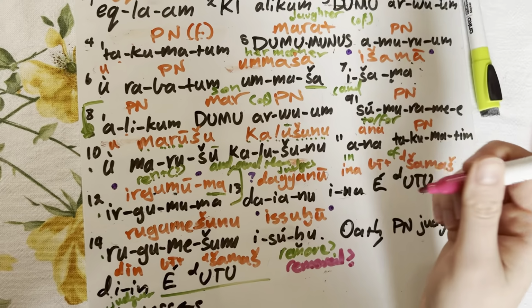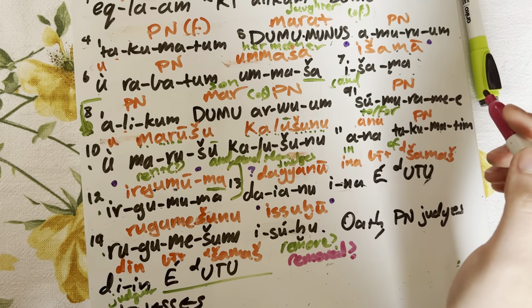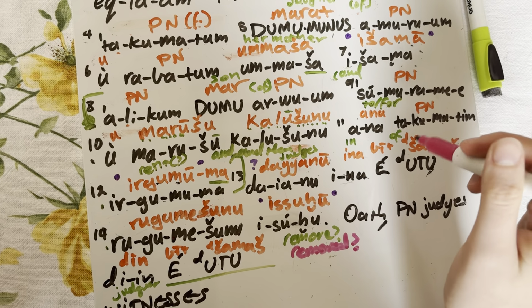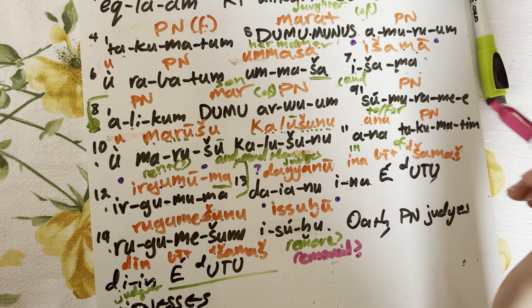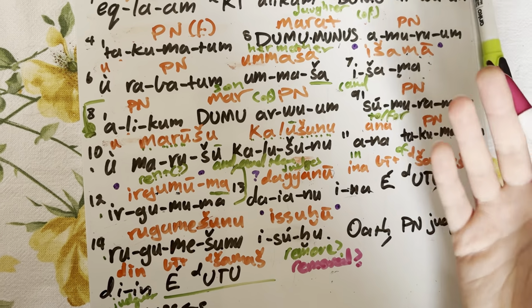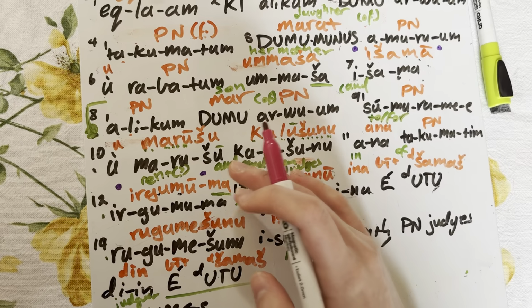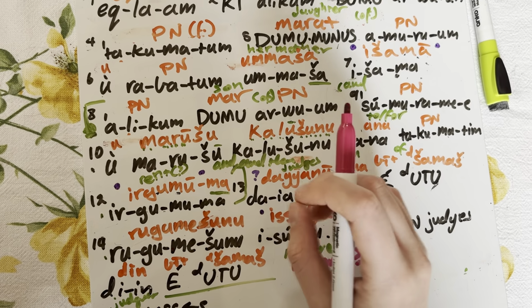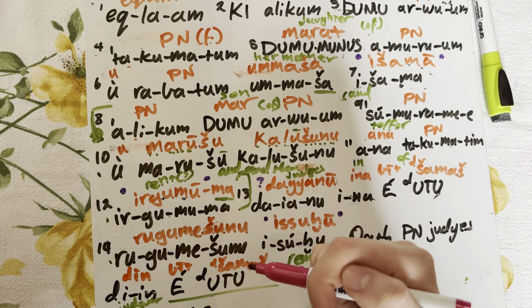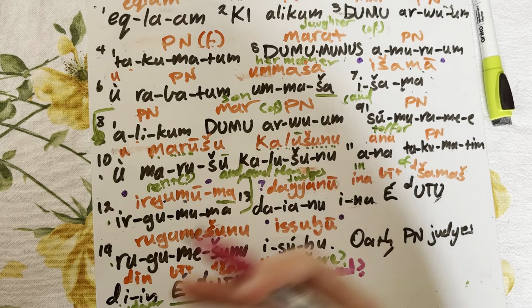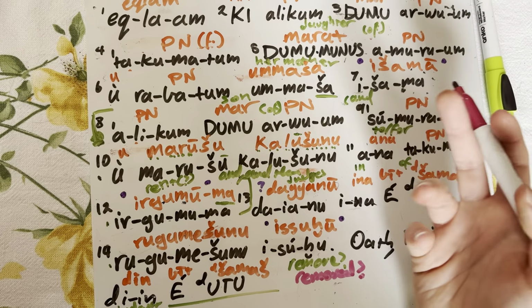It makes it more confusing for me too. So it's like the judges in the house of Shamash removed or tore out their borrowing, or they're hiring, they're renting.